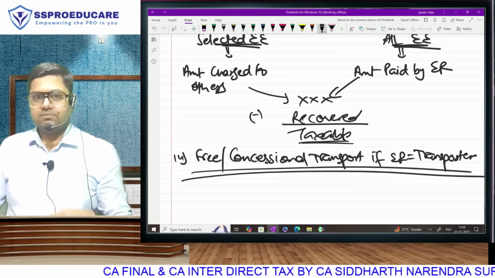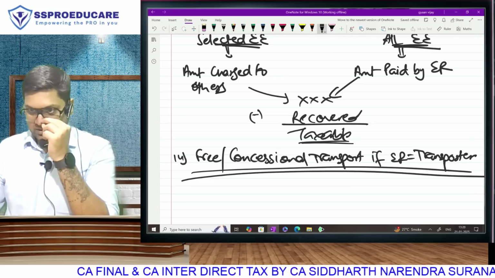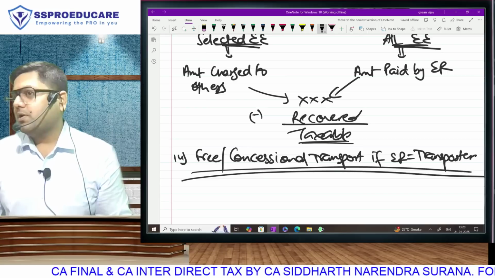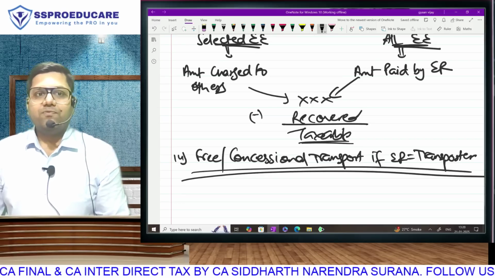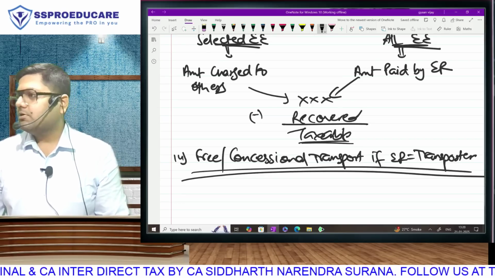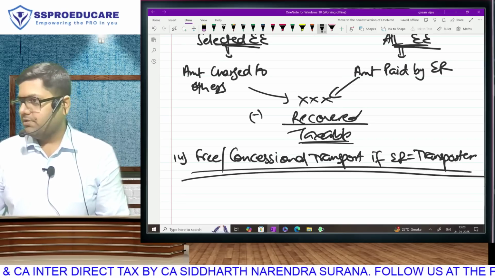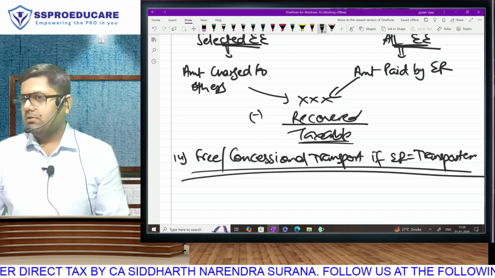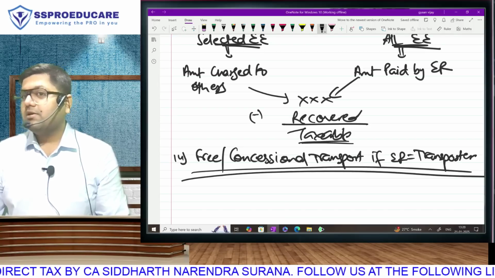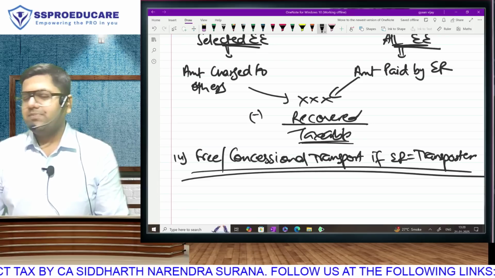It falls in the general rule. Your employer itself is transport. Means you are an employee of Indian Railways, or you are an employee of any shipping company or bus company, a bus employee. You are an employee of a company which is running private buses between two cities.